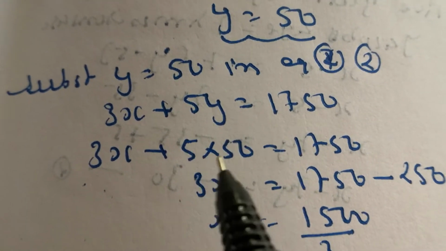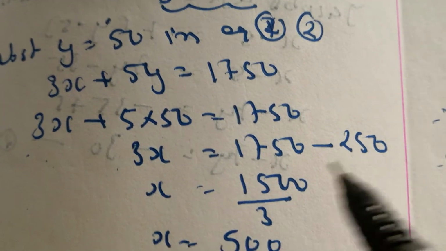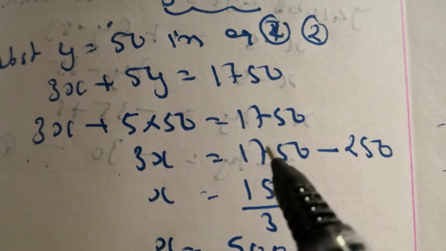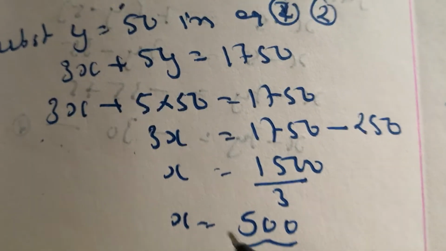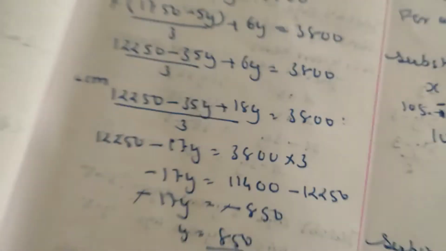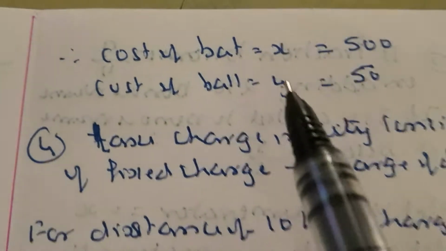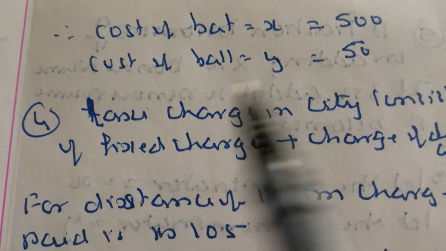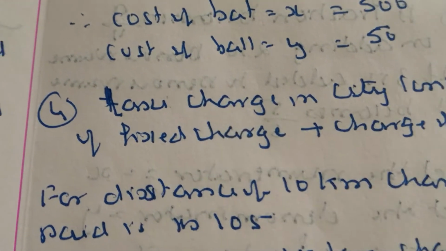So 3x, 5 fives are 25, 250. 250 is taken on the right hand side as minus. So x is equal to, subtracting this, I am going to get 1500 upon 3. So x is equal to 500. Therefore, I have got the cost of bat is equal to x is equal to 500 rupees and cost of ball is equal to y is equal to 50 rupees.